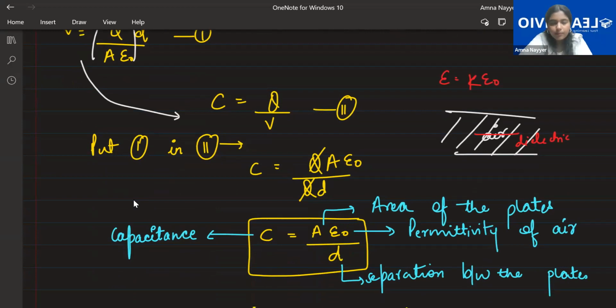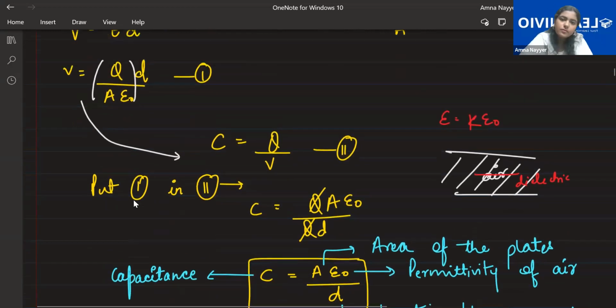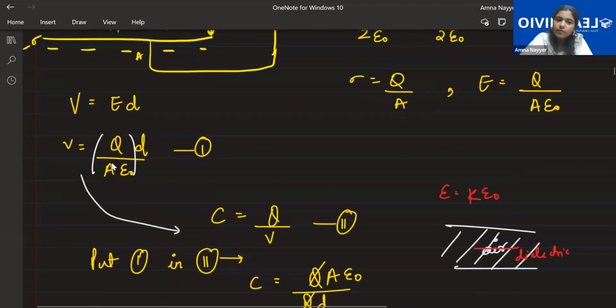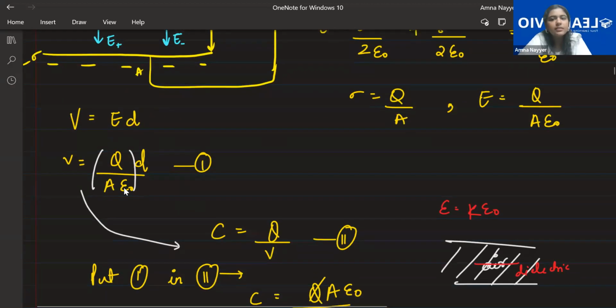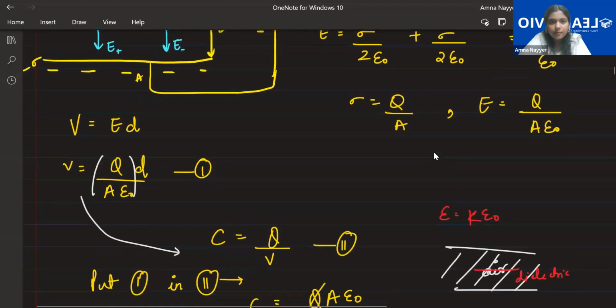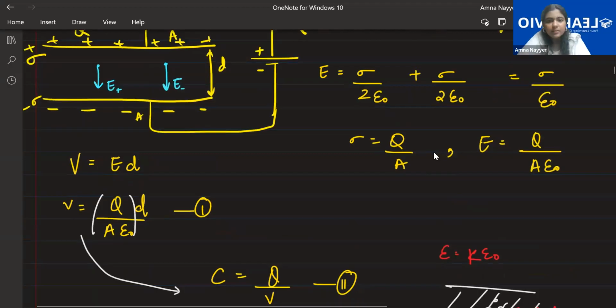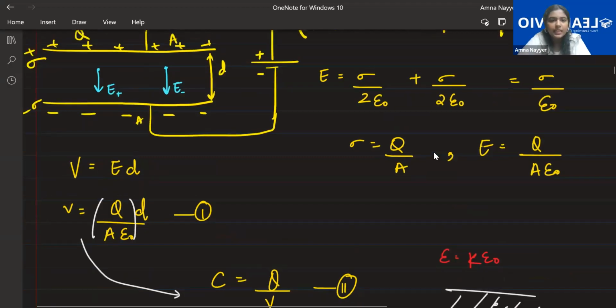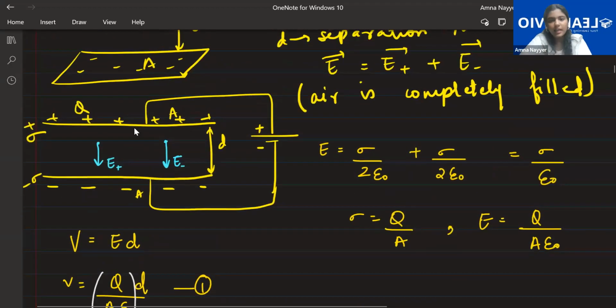Yes, ma'am. But why are we taking Q by A epsilon naught? Because sigma's formula is charge by A. Ma'am, depending on the shape, we can take it. The shape is fixed: we are taking a parallel plate capacitor, so the shape is a plane sheet, a plate.